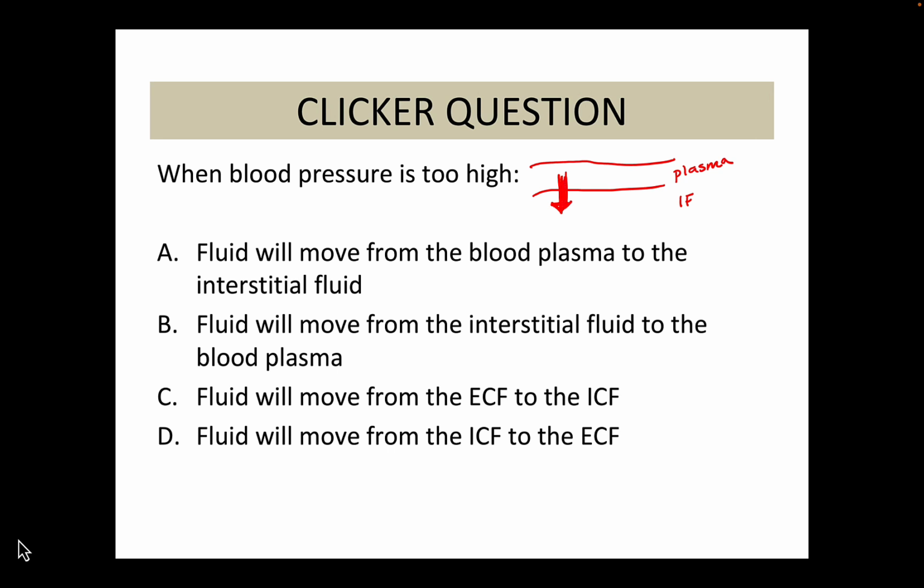So if our blood pressure goes up, we are going to have more pushing out of fluids from the plasma, or more filtration. And that could possibly lead to edema. So when blood pressure is too high, we'll filter more, or move more fluid from the plasma to the interstitial fluid. So we want to make sure that we maintain an appropriate pressure so that we get fluids to our tissue, but not filtering out too much.